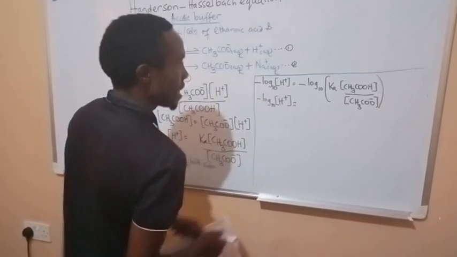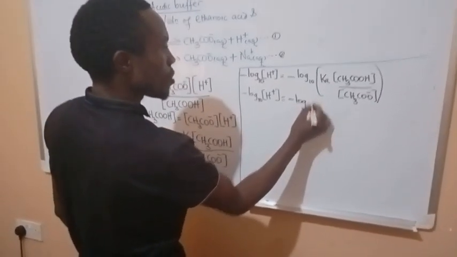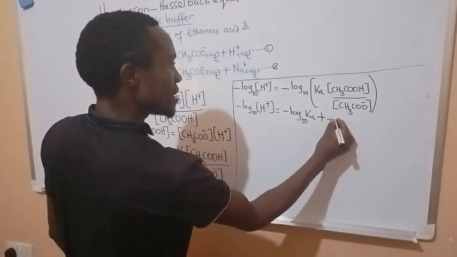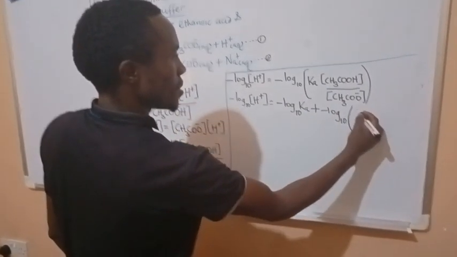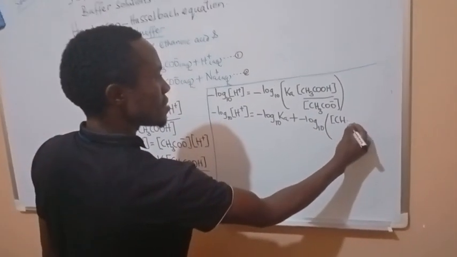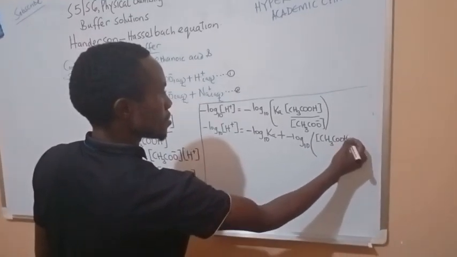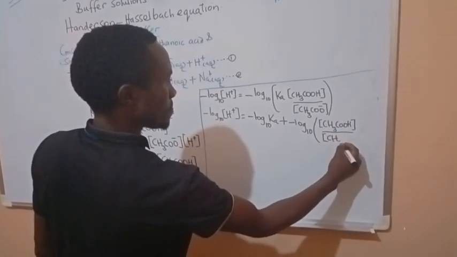So I will say negative logarithm to base 10 of Ka plus negative logarithm to base 10 of the concentration of ethanoic acid out of the concentration of ethanoate ions.